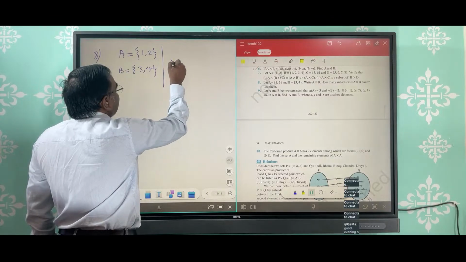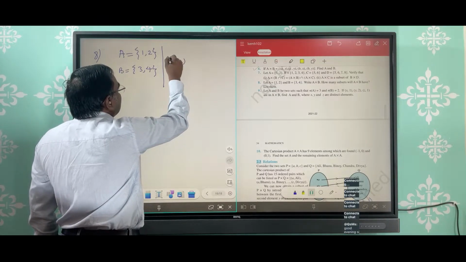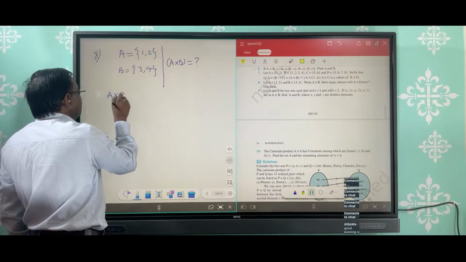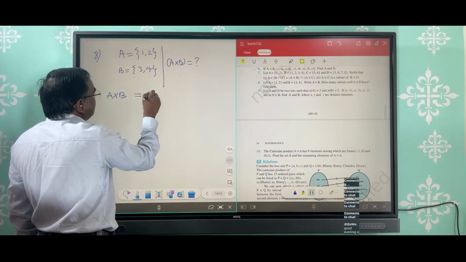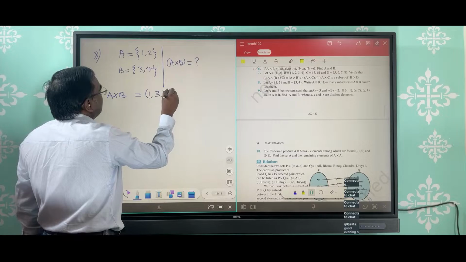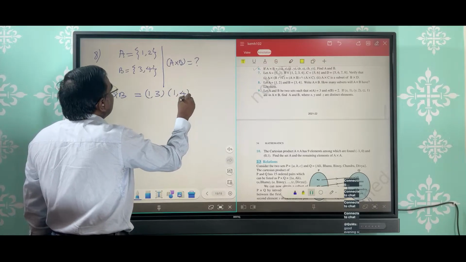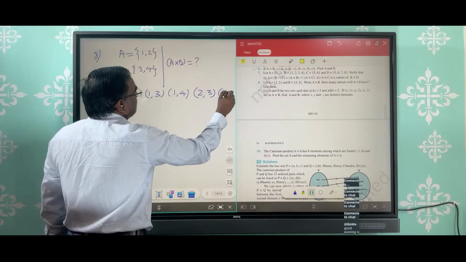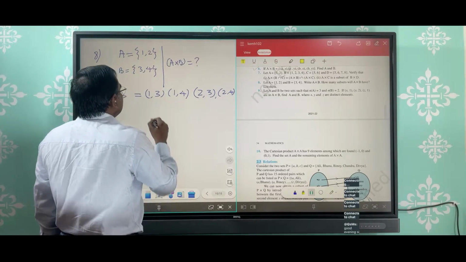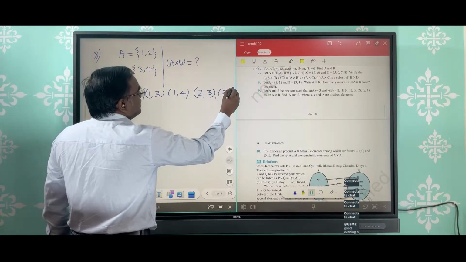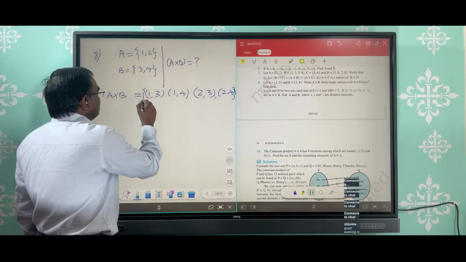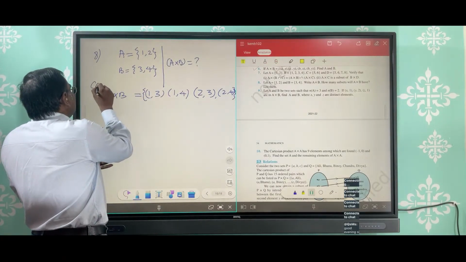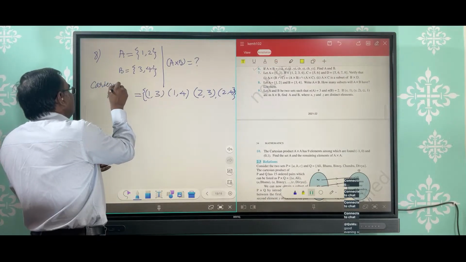Find A cross B. A cross B is equal to (1,3), (1,4), (2,3) and (2,4). So this is the set of paired elements, the Cartesian product of A cross B.